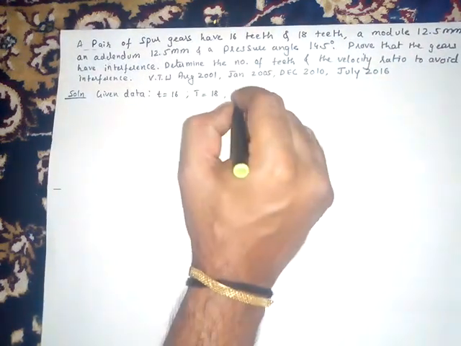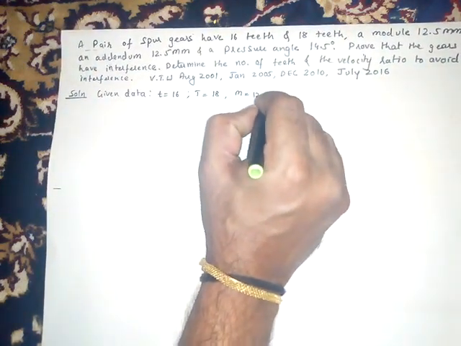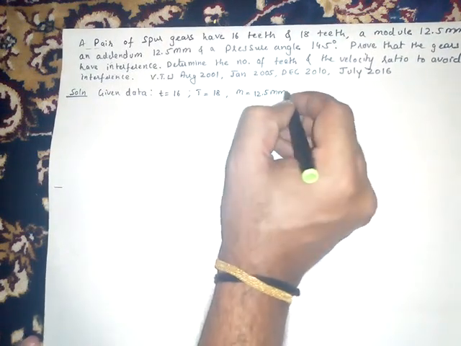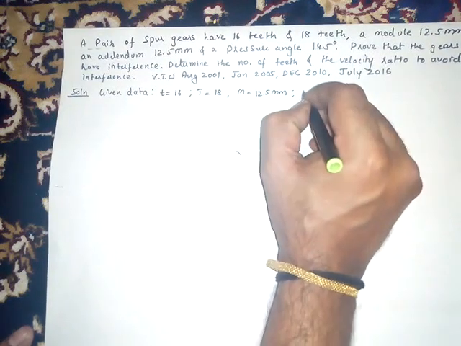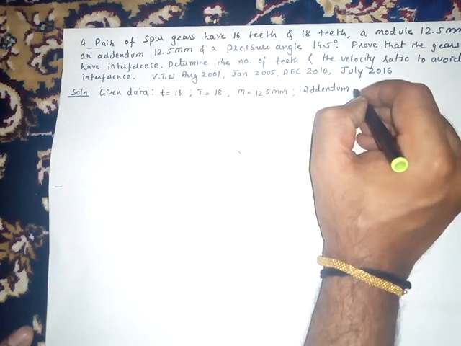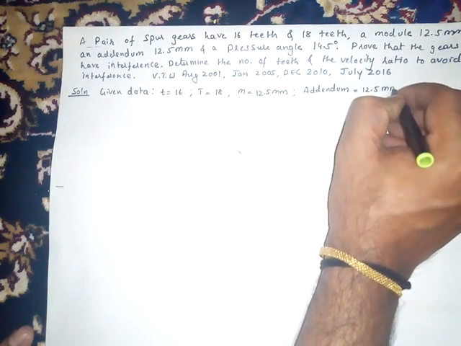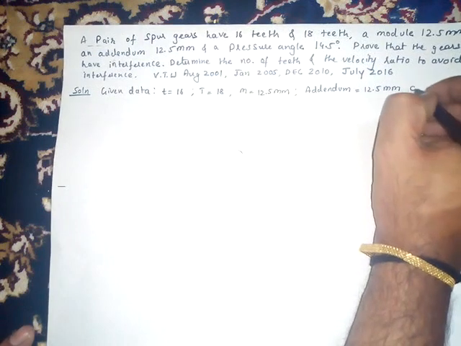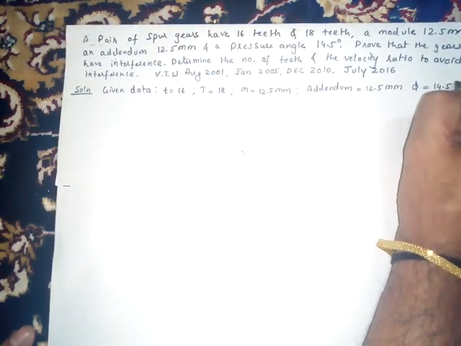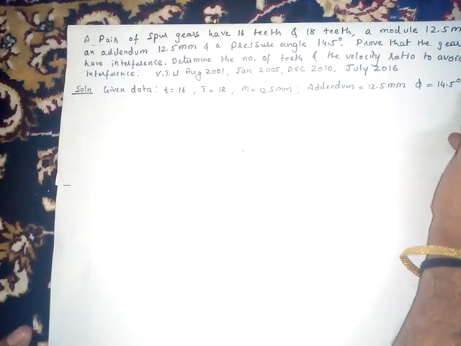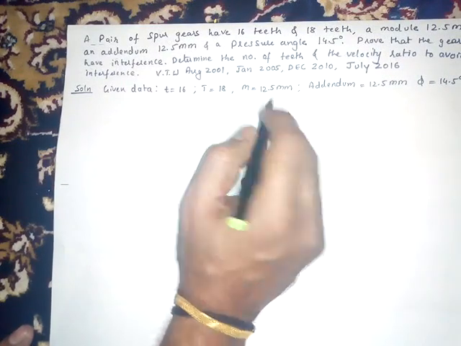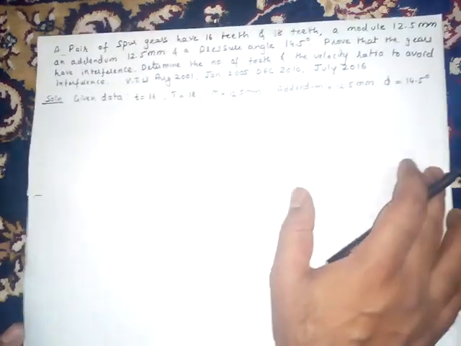Then module m is equal to 12.5 mm. Then addendum equal to 12.5 mm. Then phi, the pressure angle, is 14.5 degree. So with these details, we shall now try to find the solution for the numerical.